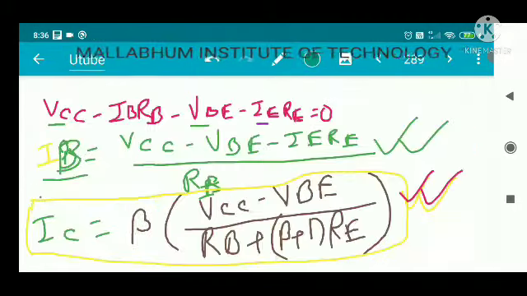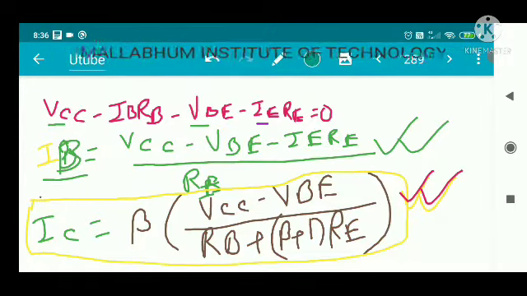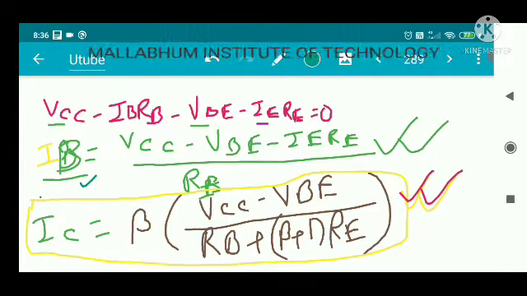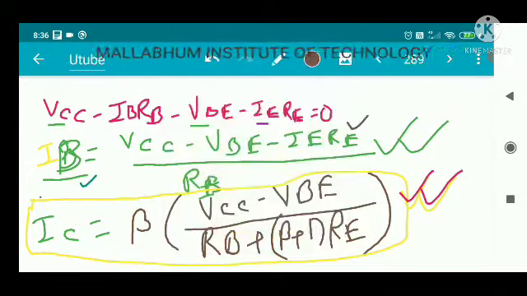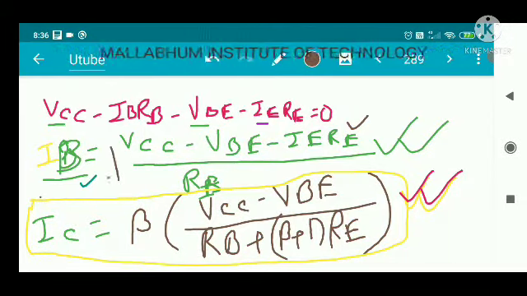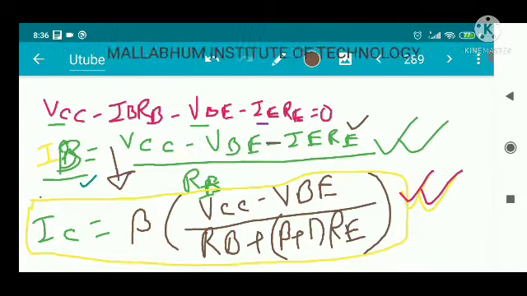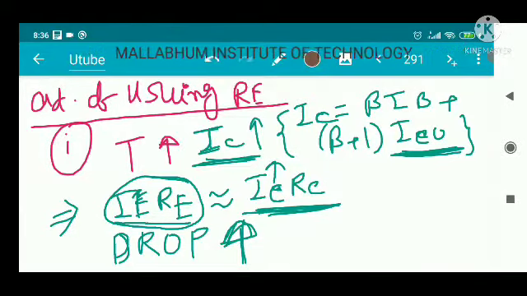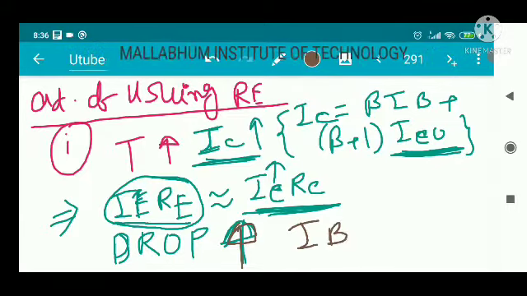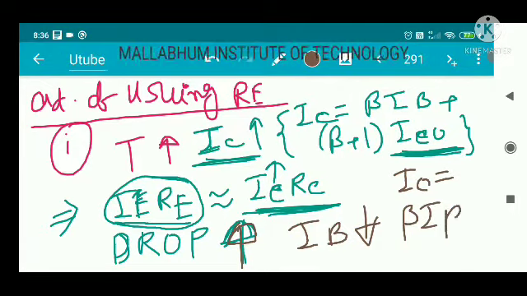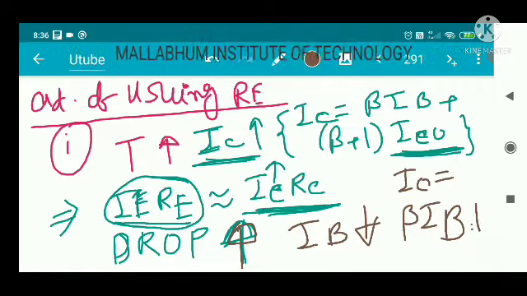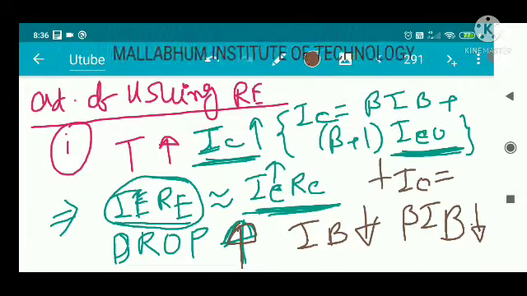Now I am just writing the equation for IB. You can see, if this IE-RE increases, then this IB value will decrease, because this is a difference term. Also the expression for IC is beta IB, so if IB decreases, your IC will also decrease.